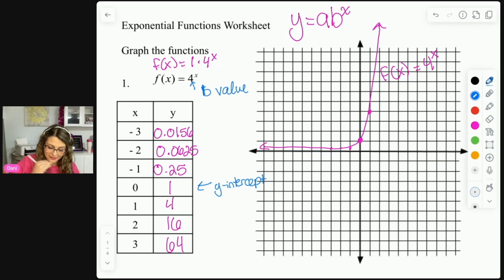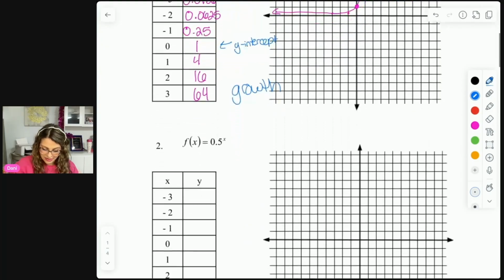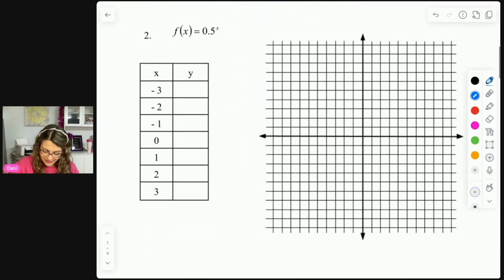So it's growing by 4, and we can tell that it's growing because if I was to put my pencil on this grid, it's increasing. It's going up. The farther I go to the right, the higher and higher those values get. So therefore, this is a growth problem. So we can label this as growth. All right. And then we're going to make some insinuations about b values in a little bit here.